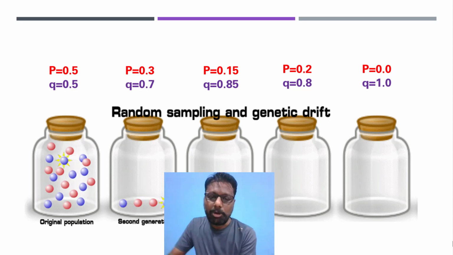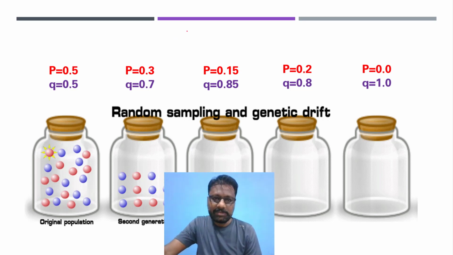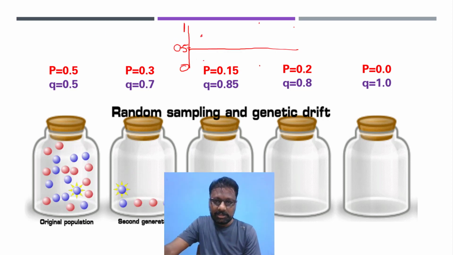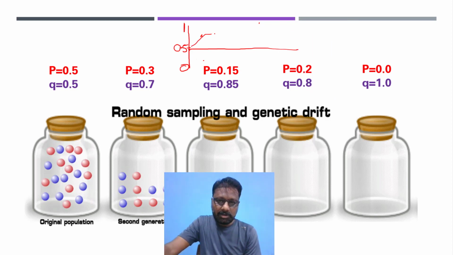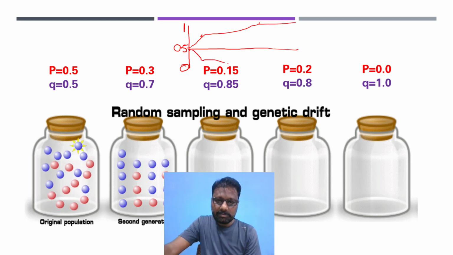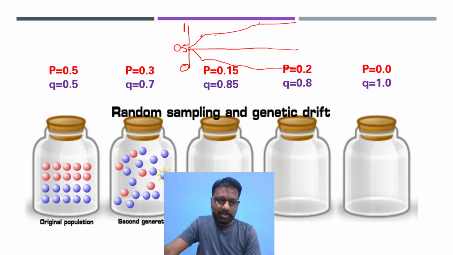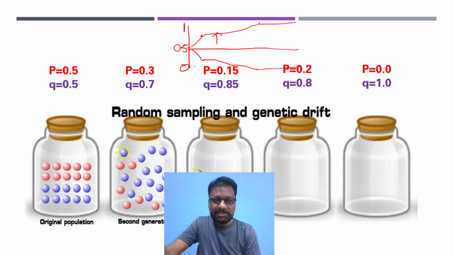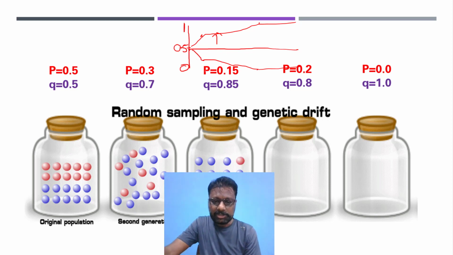If you plot a graph, you will see a deviation, a drift in the allelic frequency, which is very clearly shown from the original population to the fifth generation.